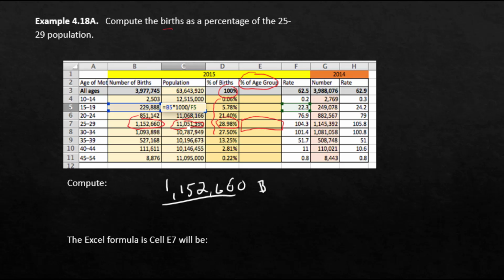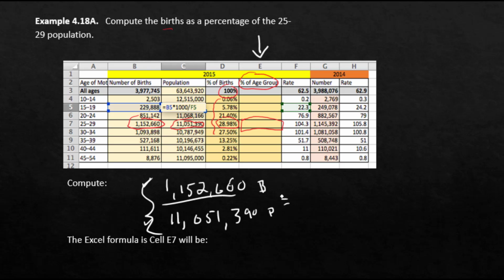Out of a total population of 11,051,390, it looks like. And that's the total population. So this is how many births there are. This is the ratio of births to population. So the percentage of the age group is simply this ratio.